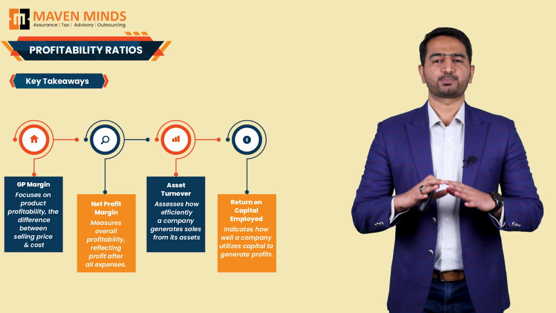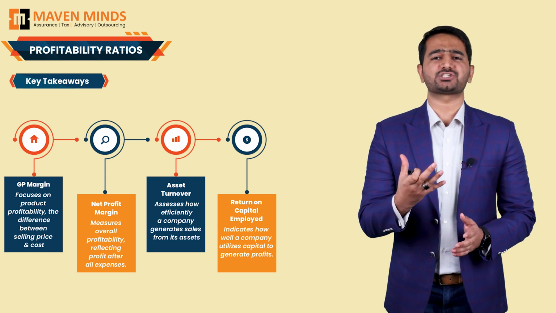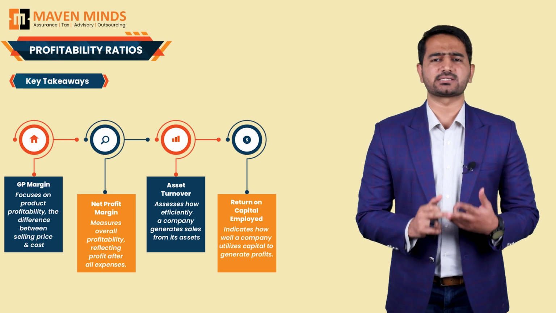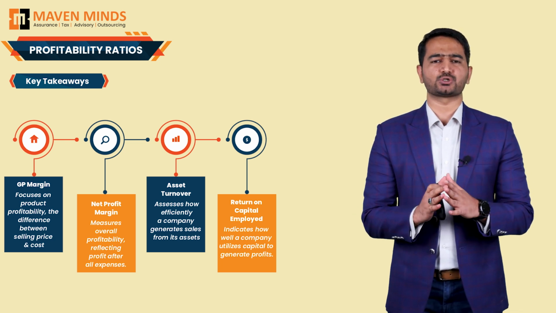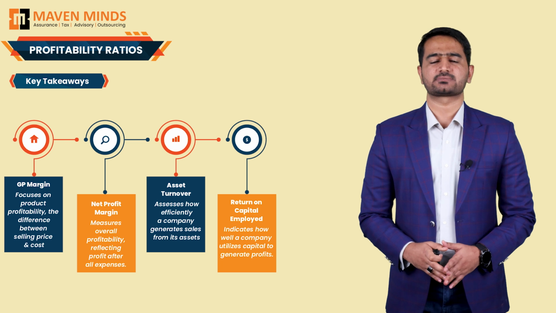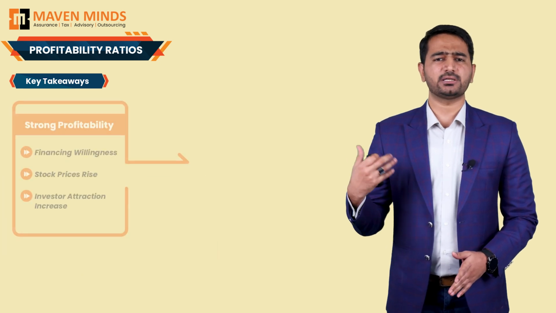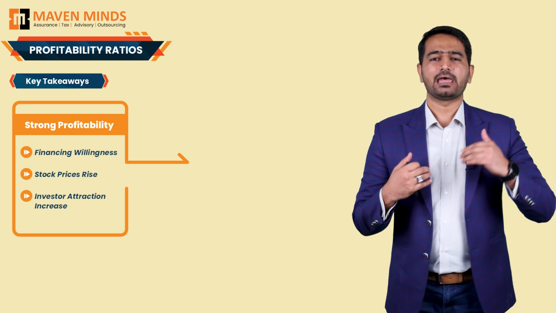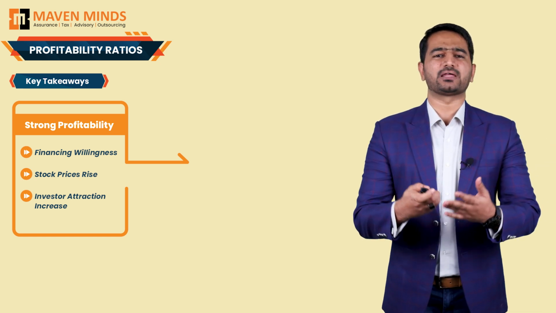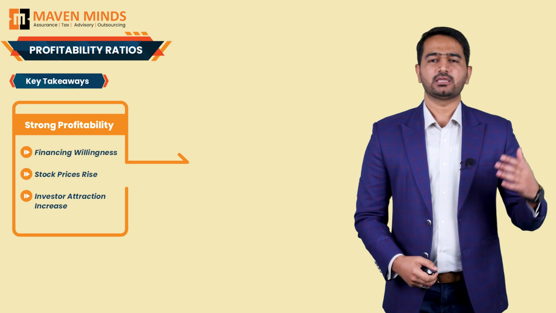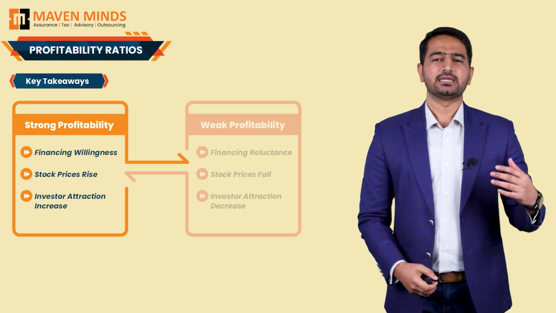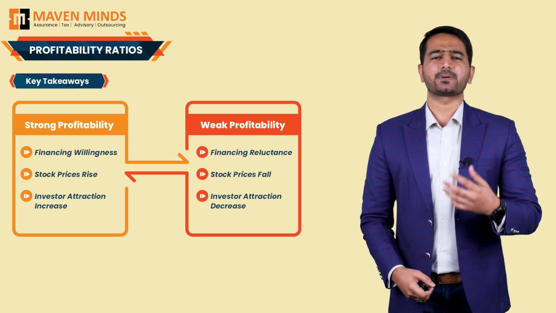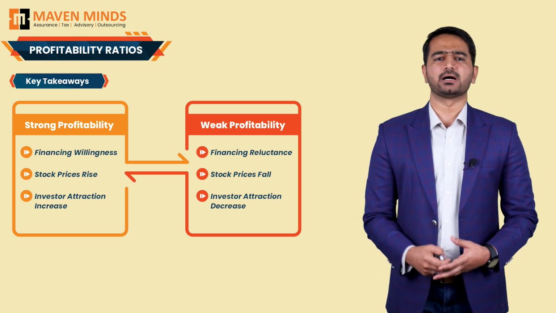My friends, profitability ratios are at the core of financial analysis. Every company, investors, and financial analysts closely monitor these ratios to evaluate the business performance. If a company has strong profitability ratios, investors will be attracted, stock prices may rise, and the lender will be more willing to provide financing. On the other hand, if profitability ratios are weak, it could indicate deeper issues, inefficient operations, poor pricing strategies, or declining demand.